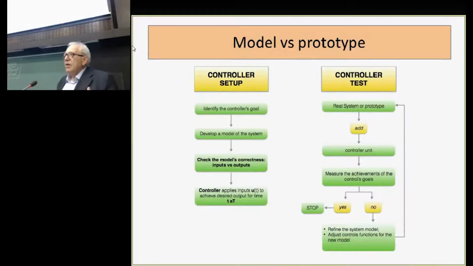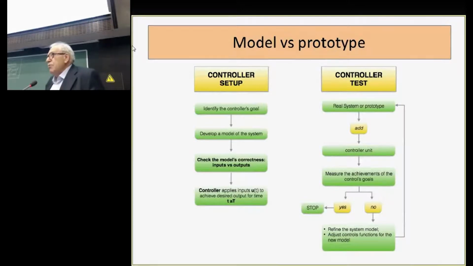So once they have built the controller, they take a prototype or a real system, add the device, and measure the achievements of the control policy. If the achievement is okay, they're satisfied. If not, there's something wrong.